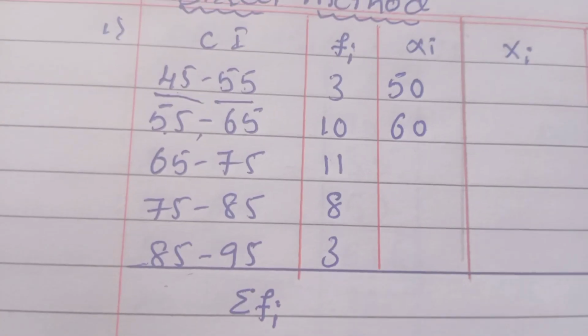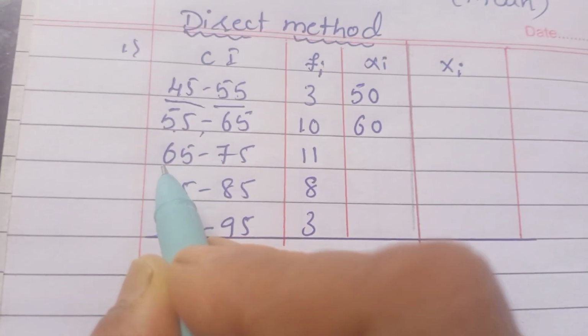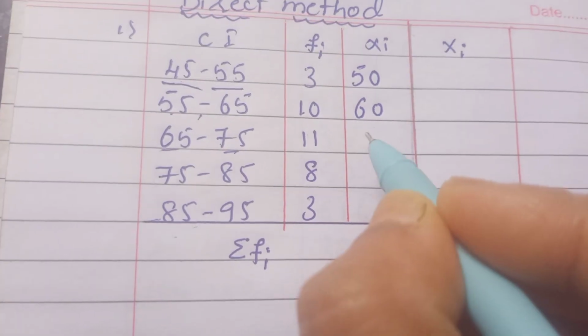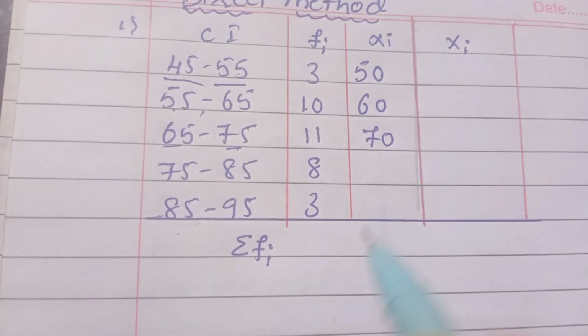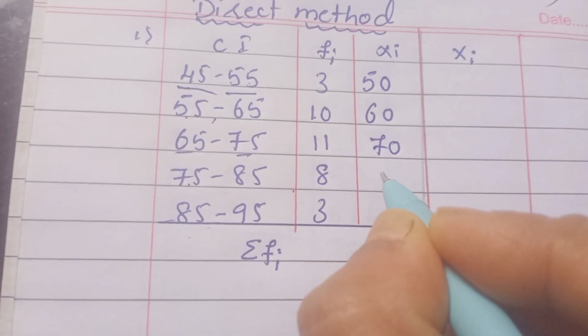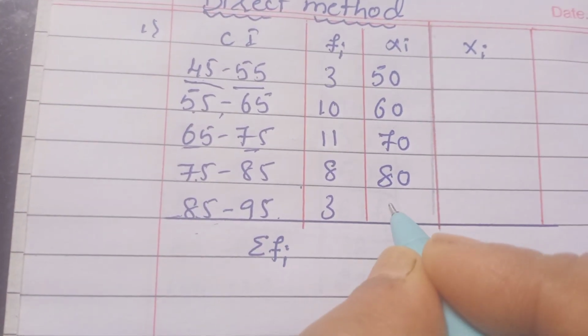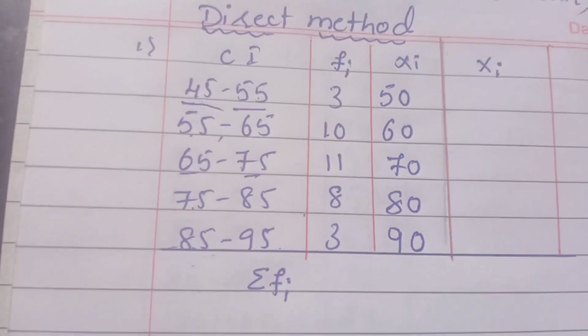The average of upper limit and lower limit is the midpoint. Similarly, 65 plus 75 divided by 2 is 70. 75 plus 85 divided by 2 is 80. 85 plus 95 divided by 2 is 90.